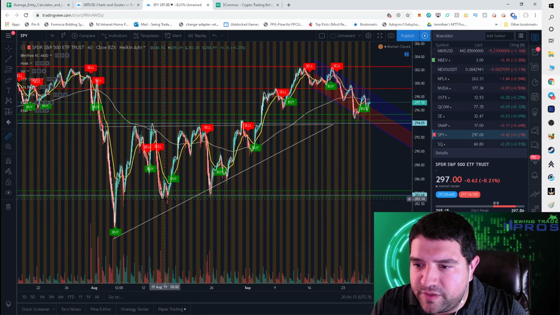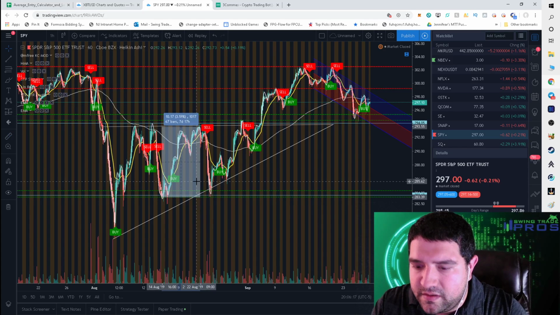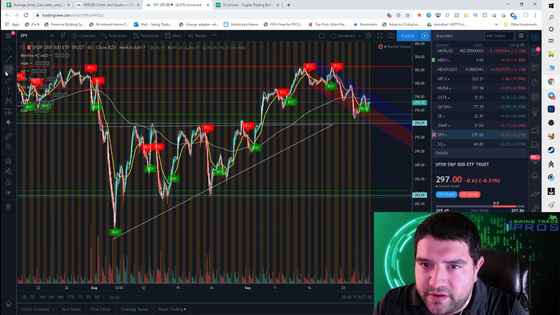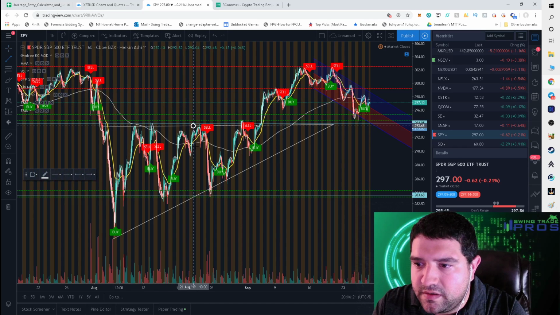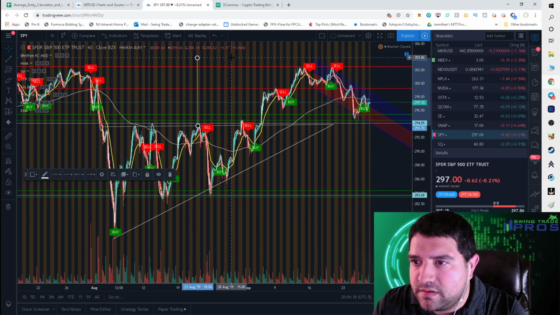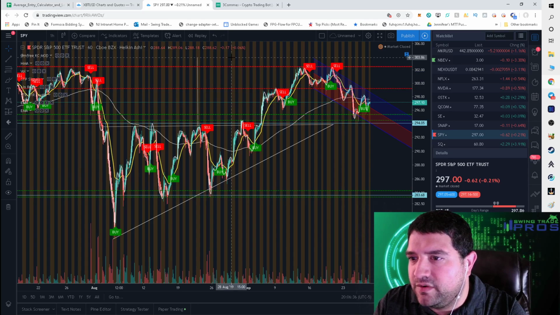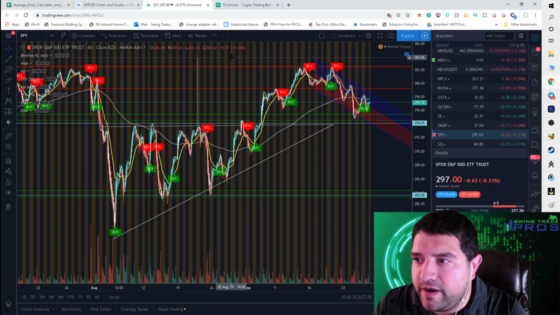Right, and we had a measured move on this. So yeah, our measured move is right back to around the top, right, the 303 area.